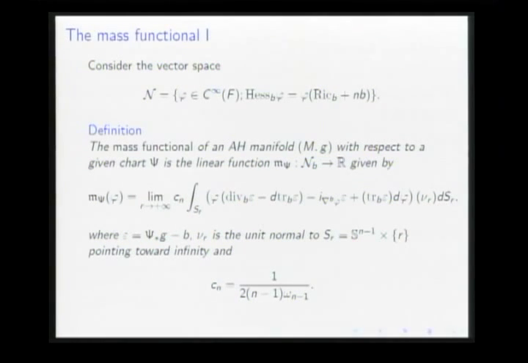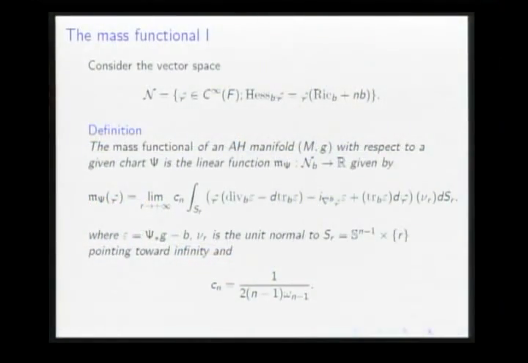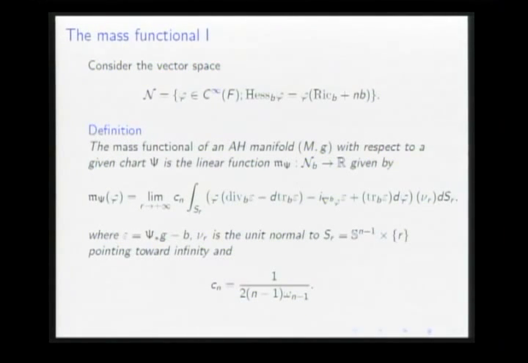Okay, so what is the mass in this case? The mass is not going to be a number anymore. It's going to be a vector now. So you have this vector space here, N. These are the functions that satisfy this equation here.